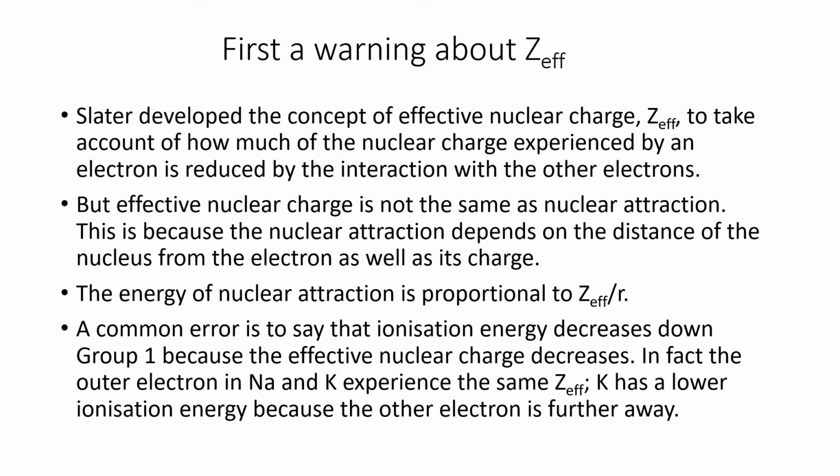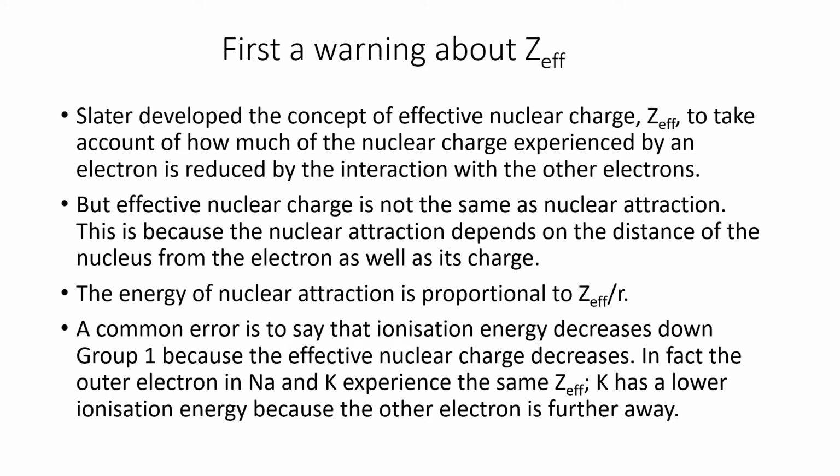But I think very often, especially at AS level, when we're looking at trends across a period, for example, effective nuclear charge is used when what we really mean is nuclear attraction. So I just wanted to flag this up now.